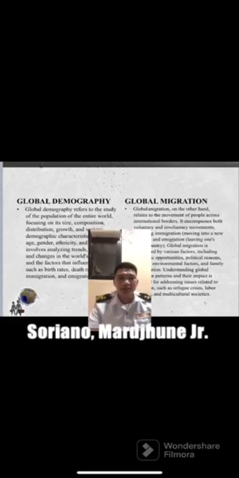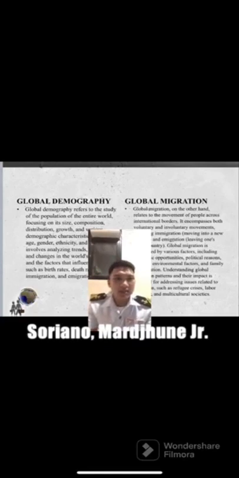Global migration, on the other hand, refers to the movements of people across international borders, involving both immigration and emigration.